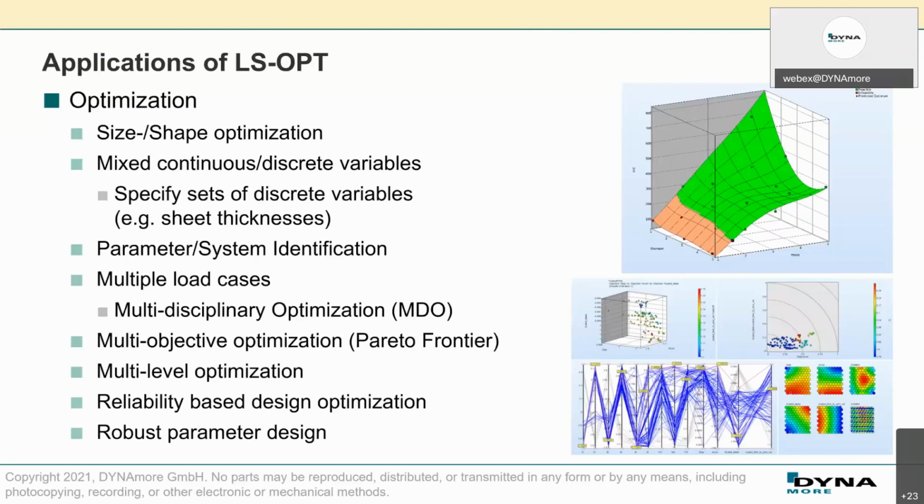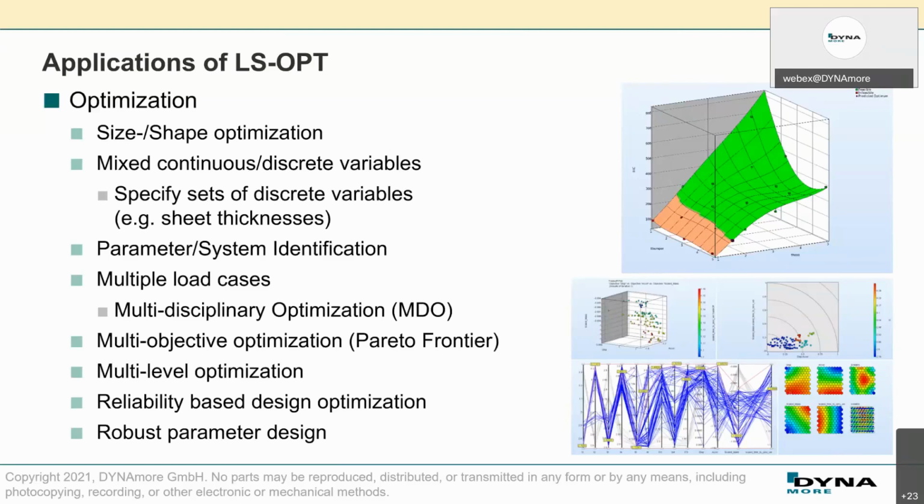LSOpt has functionalities to optimize multiple load cases at the same time, which could be multiple similar load cases like a front impact and a side impact, for example, or for parameter identification, you could calibrate, let's say, a tensile test and a compression test and a shear test at the same time, but it could also be really multidisciplinary optimization, let's say optimization of a crash load case and an NVH load case at the same time. It's even possible to use different types of solvers for the distinct disciplines.